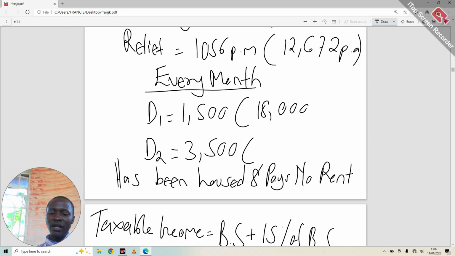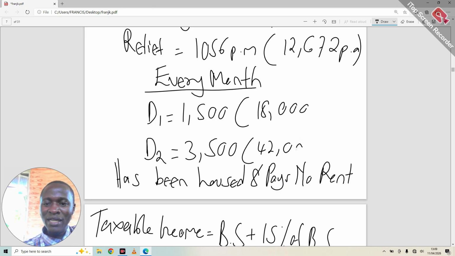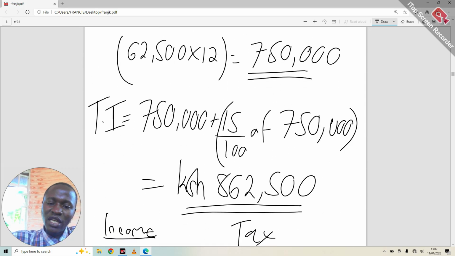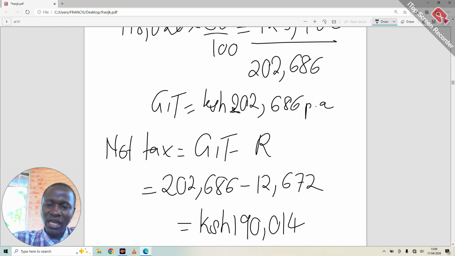What about 3,500 multiplied by 12? We get 42,000 being deducted annually. So add the two deductions: 42,000 plus 18,000 gives us a total deduction of 60,000.